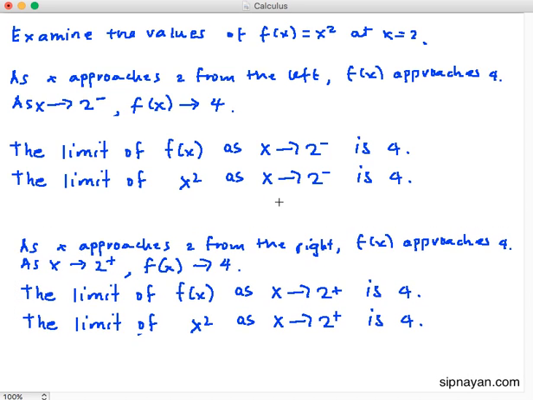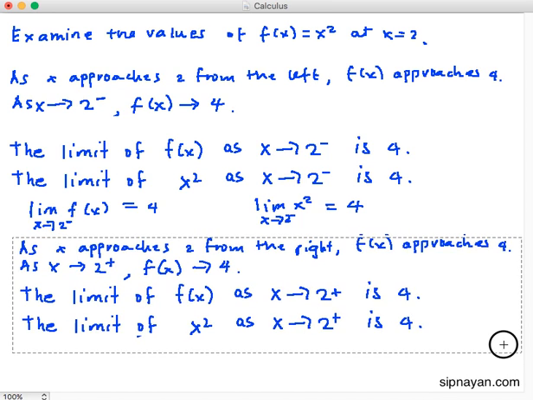The limit of f of x, as x approaches 2 from the left, pwede natin ilagay sa baba, is equal to 4. Pwede rin natin sabihin na the limit of x squared as x approaches 2 from the left is equal to 4. Okay?